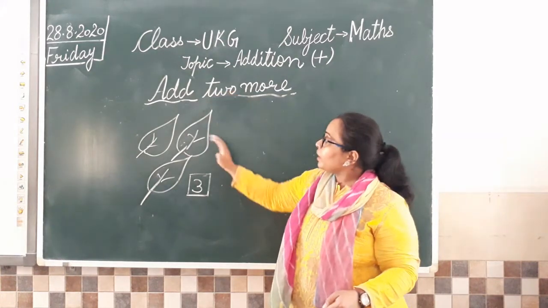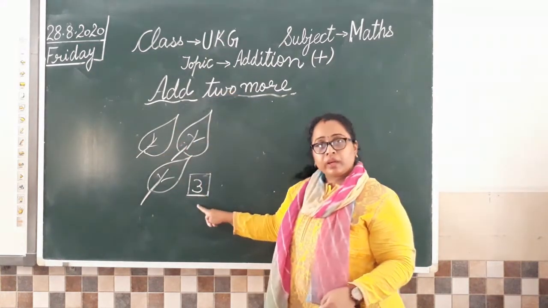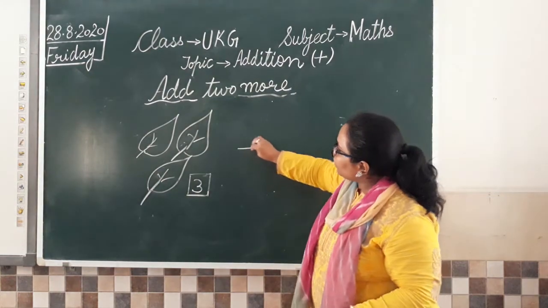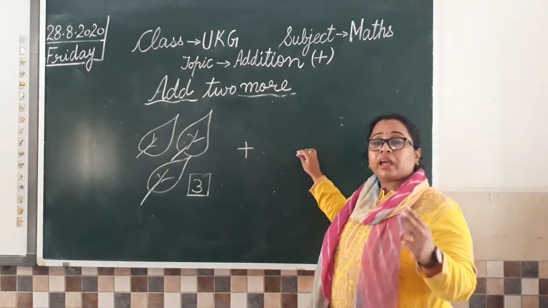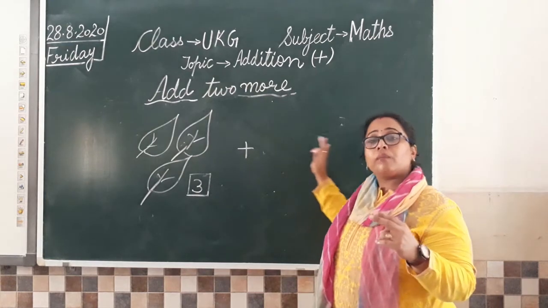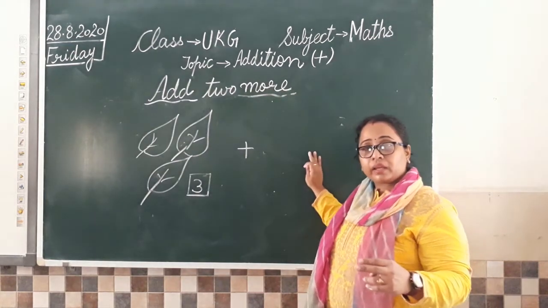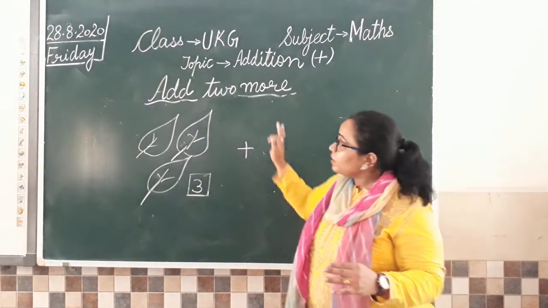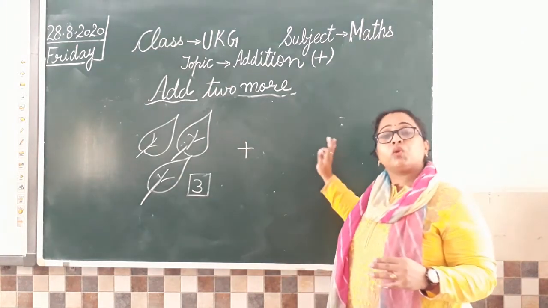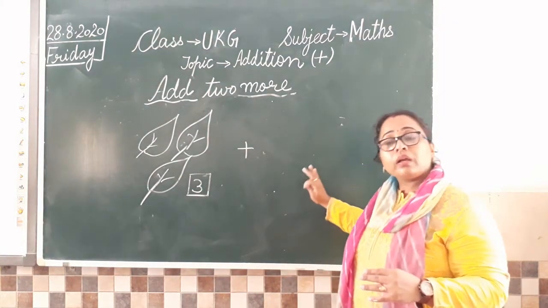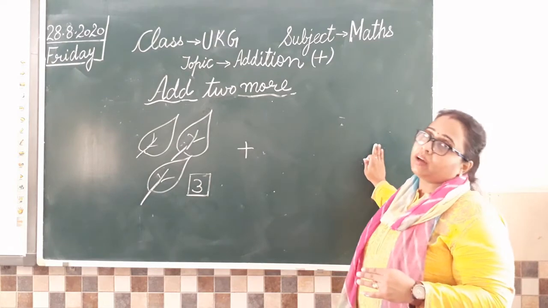Clear? फिर क्या करेंगे? Given objects को count करा, उसके बाद हमने जो ऐड करना है, अगर 2 more है तो हम 2 और ऑब्जेक्ट्स को ऐड करेंगे, उसमें प्लस करेंगे, सबको एक साथ टोटल करेंगे और टोटल करने के बाद we will write the answer.